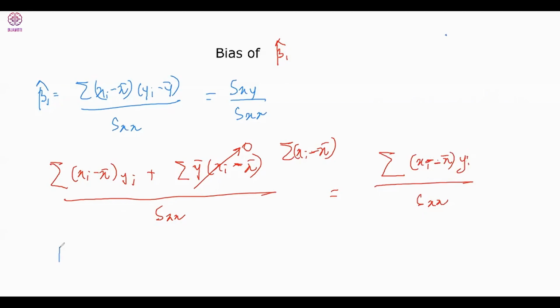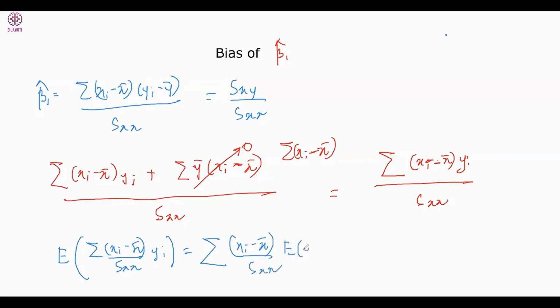So you take expectation, guys. What you get? Expectation of summation of (xi minus x bar) by Sxx into yi is, by linearity of expectation, summation of (xi minus x bar) by Sxx into expectation of yi.